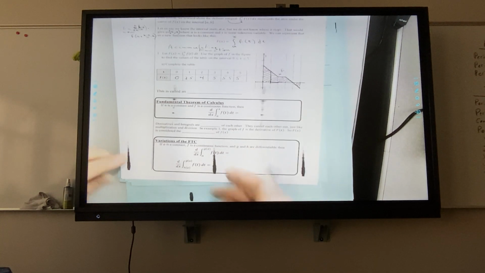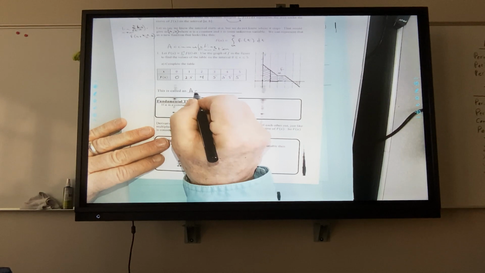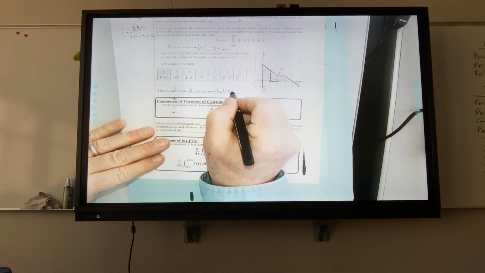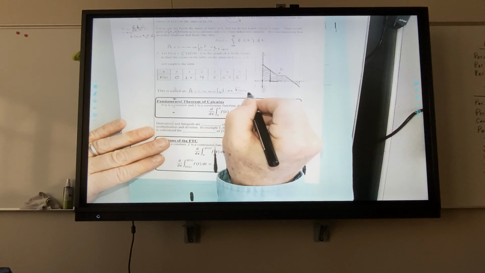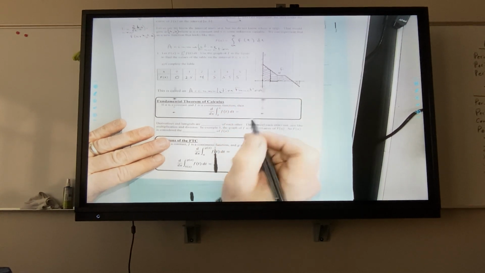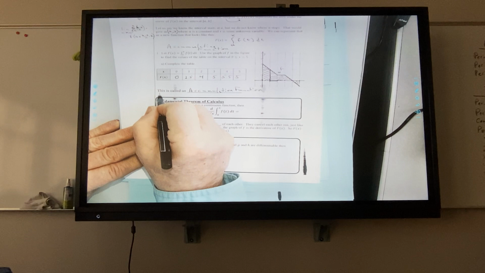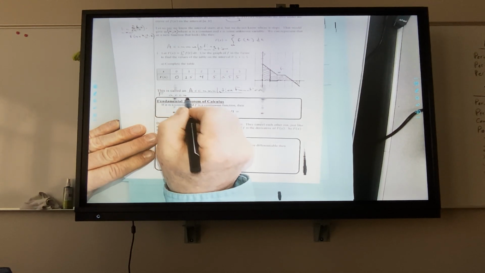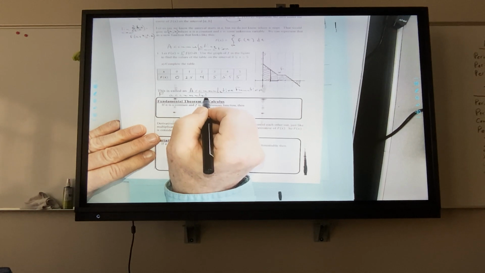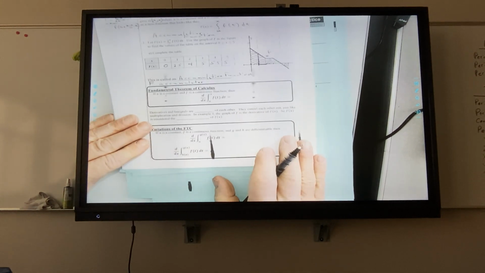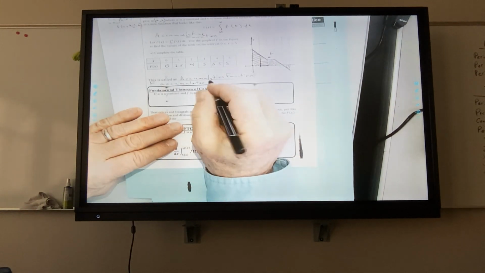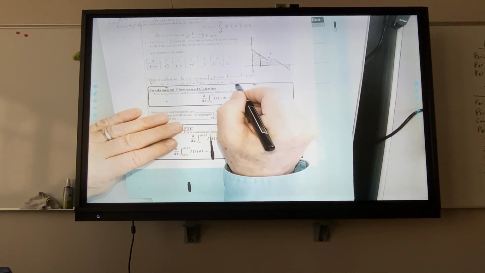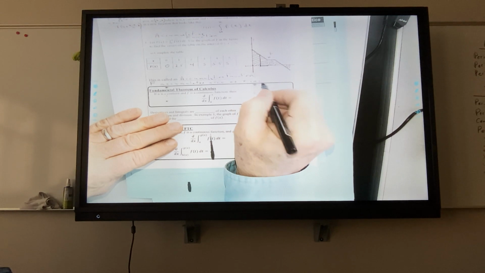All right, so like I said, this is called an accumulation function. And capital F accumulates area as x increases.